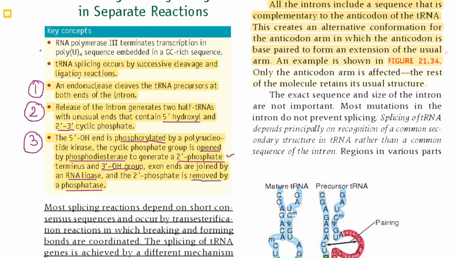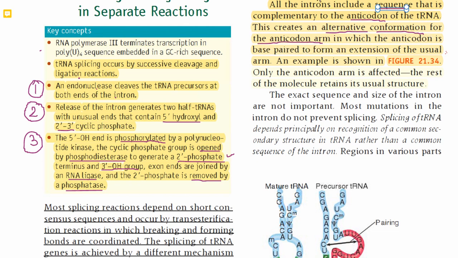Now see this. Every intron has a sequence that is complementary to the anticodon of the tRNA, and this creates an alternative conformation for the anticodon arm.